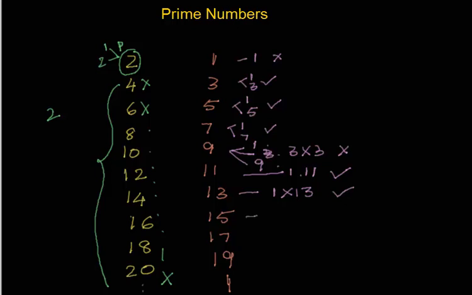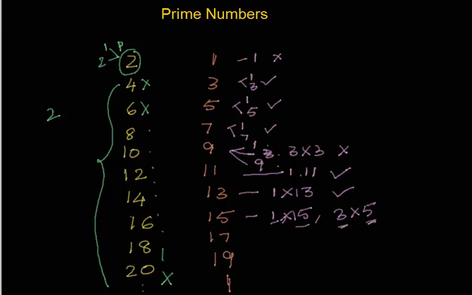What about 15? 15 has 1, 15. But we can also write 15 as 5 into 3 or 3 into 5. So that means it has more factors than 2.